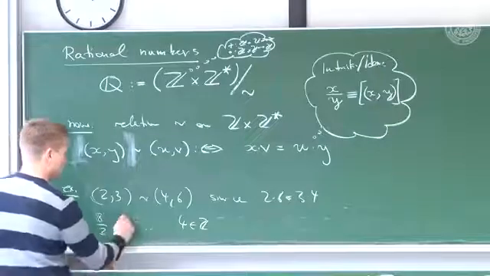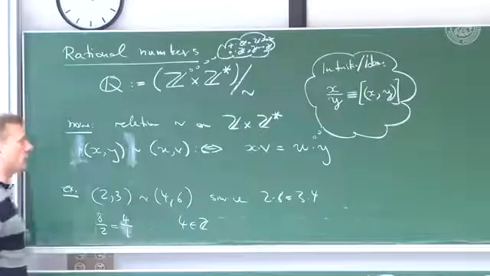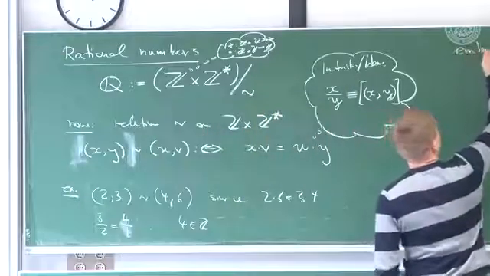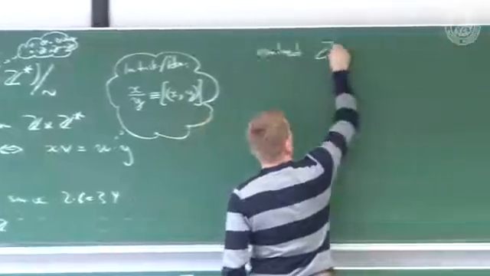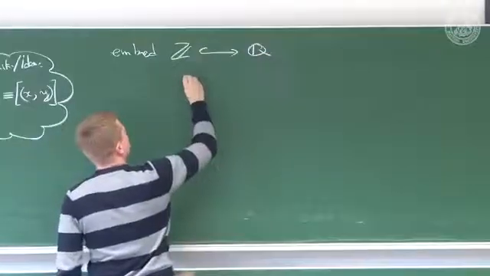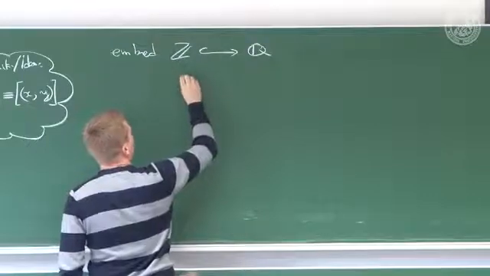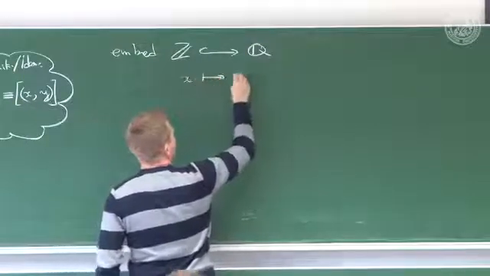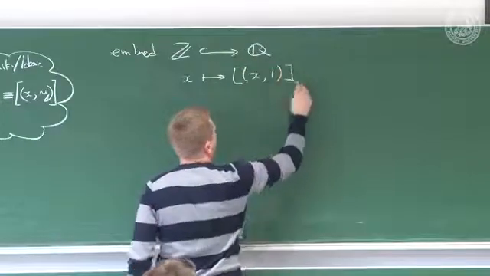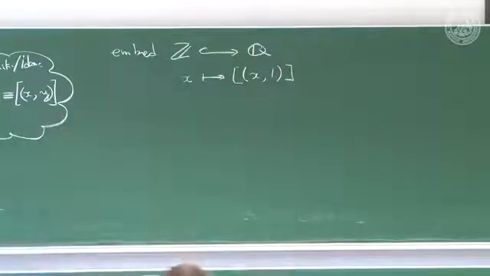Well, it's the same as the fraction 4 over 1, and if you wish, you can embed the integers into the rationals by saying, well, an integer x is now being represented by x comma 1, by x over 1, if you wish.